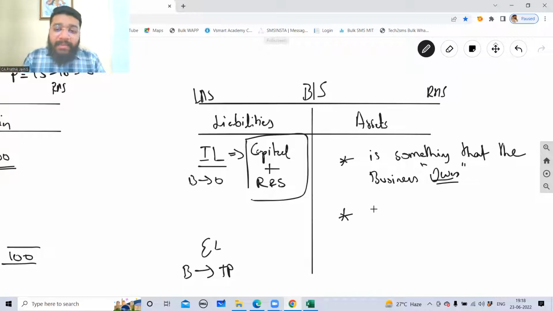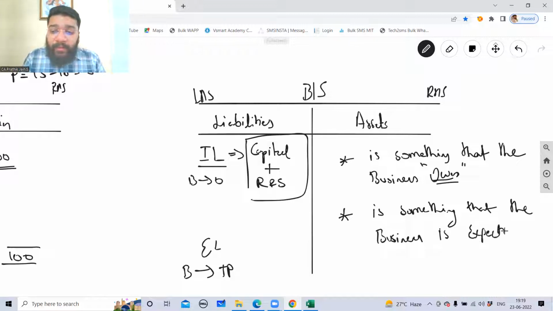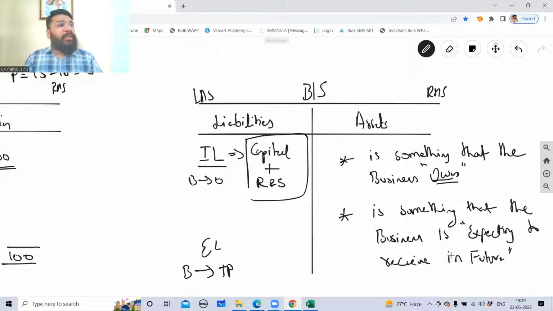Or asset is something that the business is expecting to receive in future. So if you come across any item which is satisfying this criteria, it is an asset.